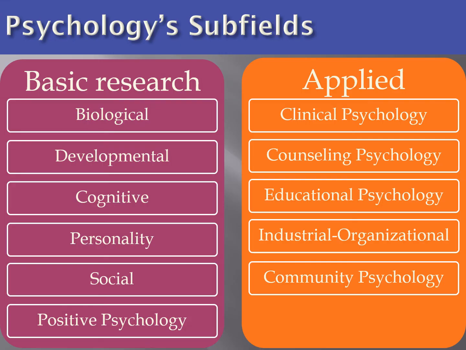Now, when we look at psychology and the subfields that there are, we have basic research, we have applied research. Basic research can be done in an analog field. Now, analog stands for where they do it in a research lab. They're not doing it with the actual individuals.